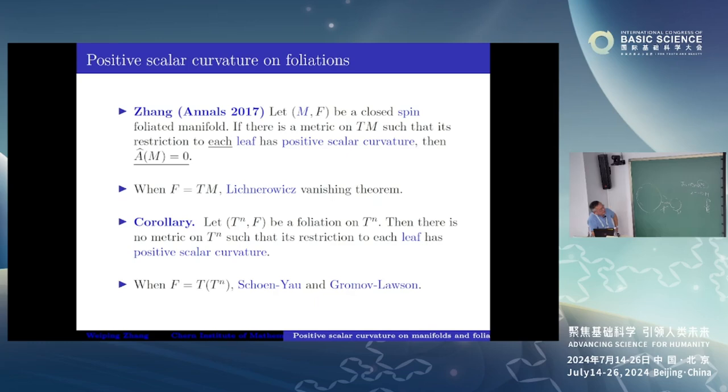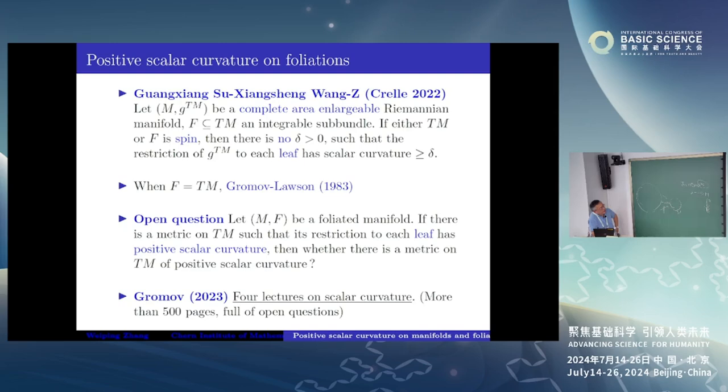So when F is the total tangent bundle of the torus, this recovers the original theorem of Schoen-Yau and Gromov and Lawson. And more recently, we can also prove a generalization of Gromov-Lawson's original result for enlargeable manifolds to the case of enlargeable foliations. We have not stated it in detail, but many classical theorems can be generalized to foliations in this sense.